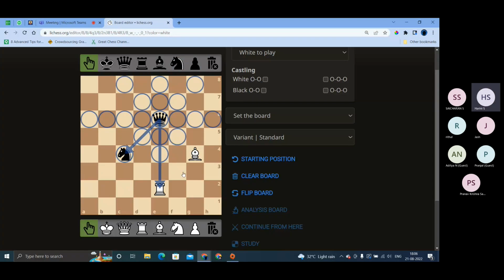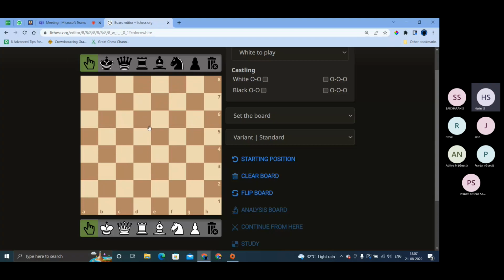These squares it attacks, this square also, the queen attacks the rook, it controls all the empty squares on its way, and it supports the knight. Now I will give you some exercises.